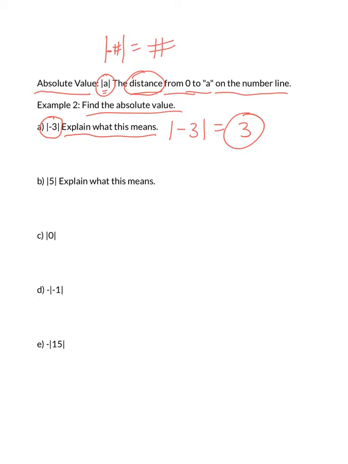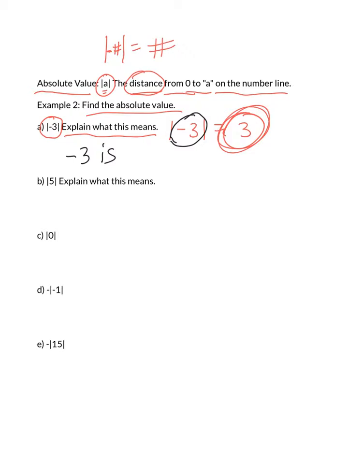Now it wants us to explain what that means. What that means is we found a measurement. We found the distance from 0 on the number line. So, whatever was inside the absolute value bars, in this case -3, our answer is the number of units away from 0.